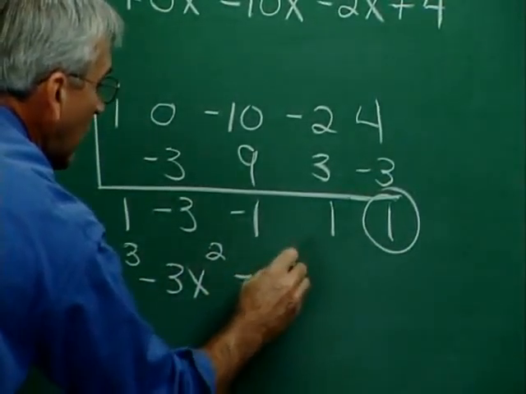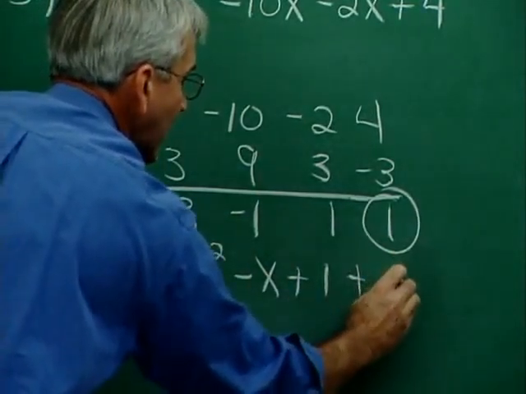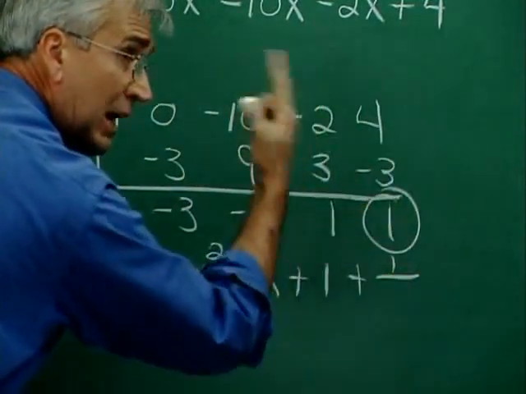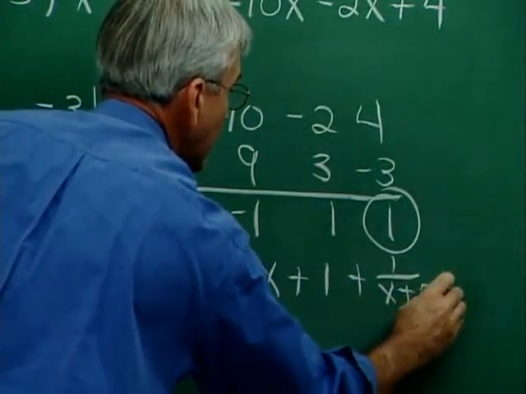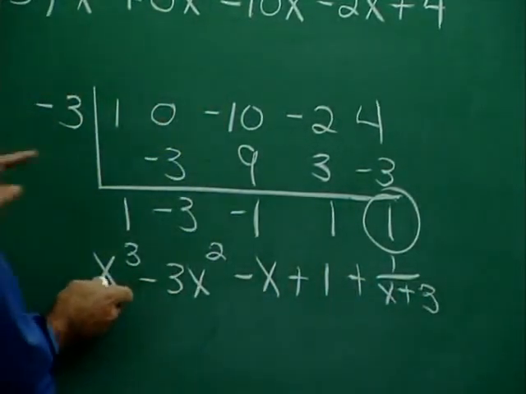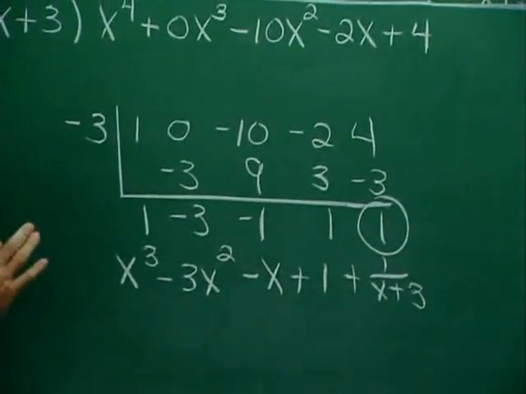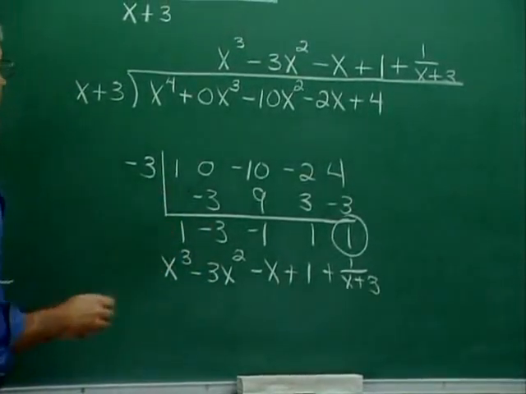This is -1x, and this is +1. And the remainder is 1, so it's remainder over divisor. Now remember, the divisor is that polynomial divisor that we started with. It's the x plus 3 business. And what we have here is precisely what we have right here. So synthetic division is a way to really streamline this situation.